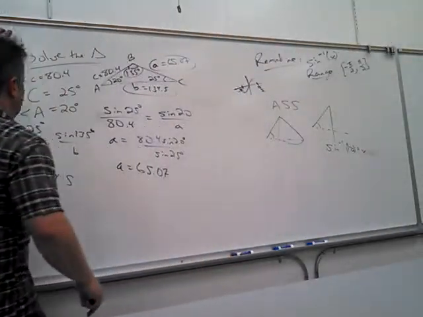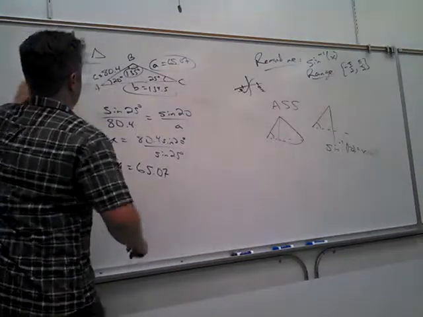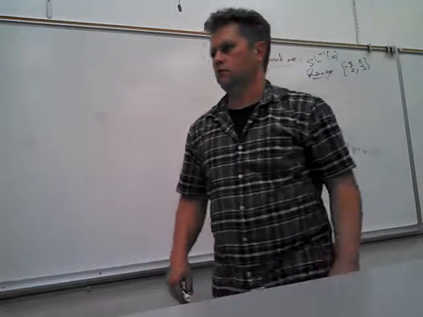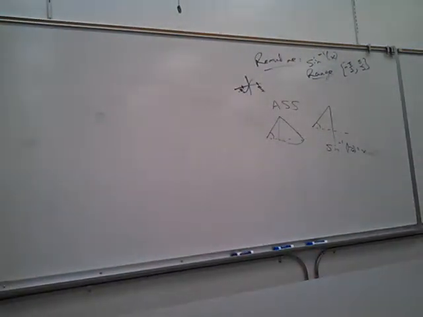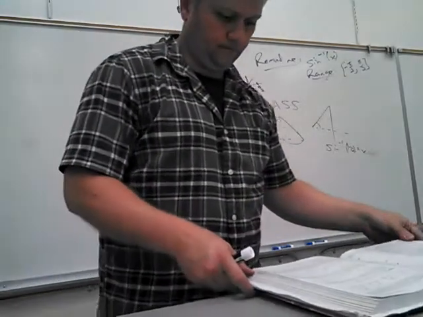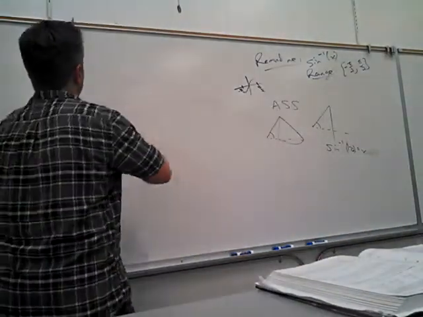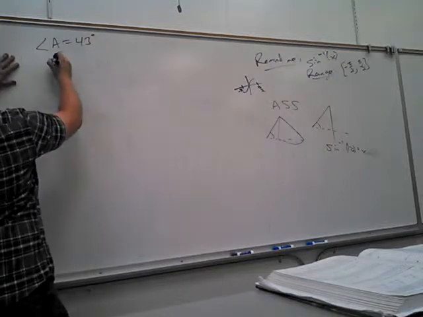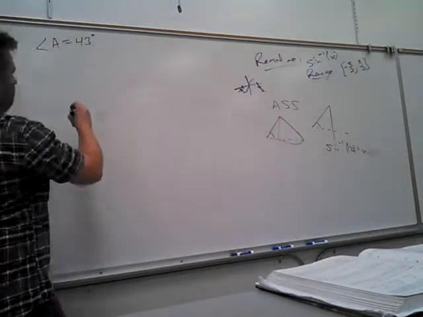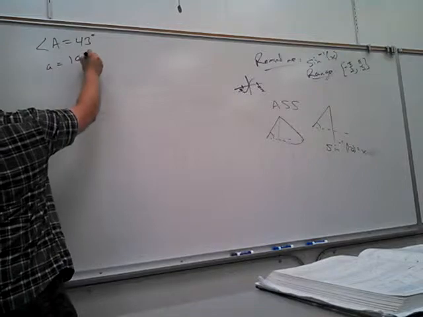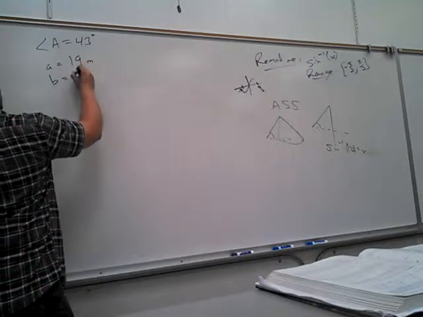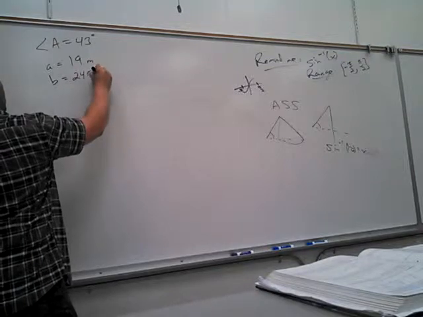All right, so let's see what this looks like. Let's say angle A is 43 degrees, side A is 19 meters, and side B is 24.5 meters.